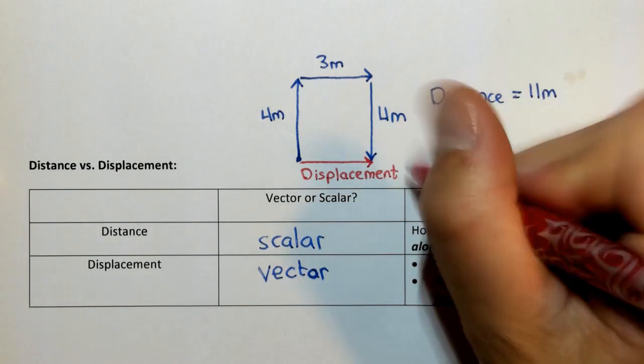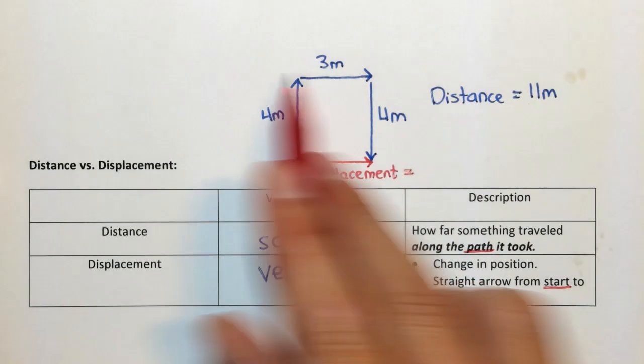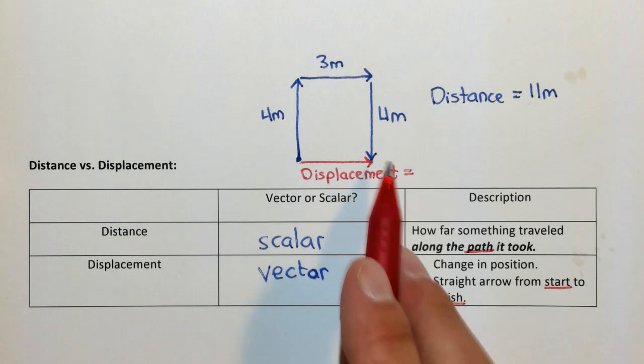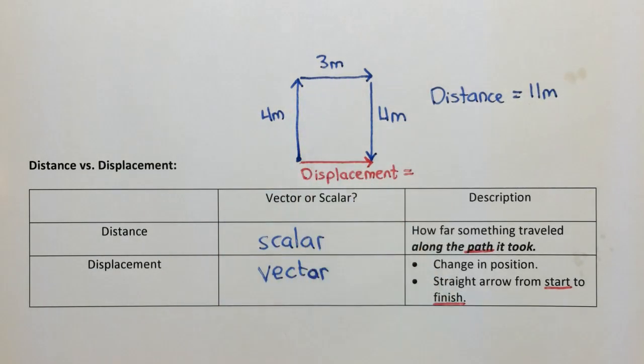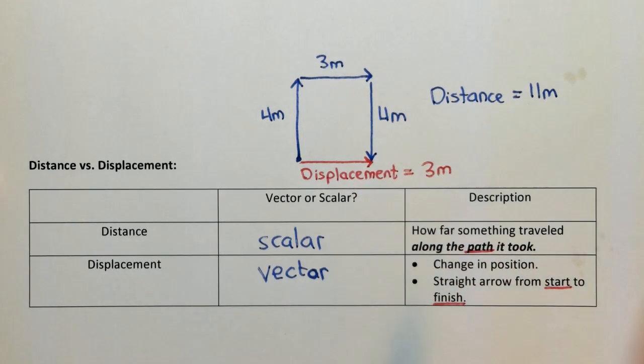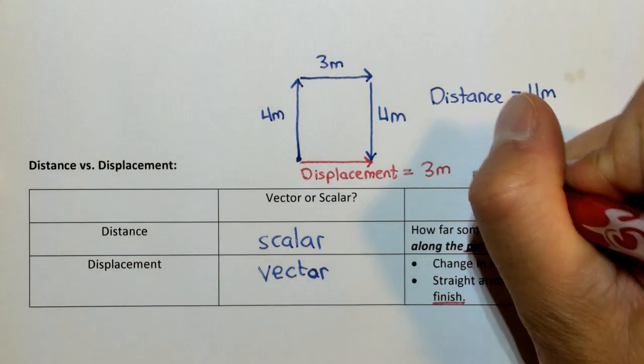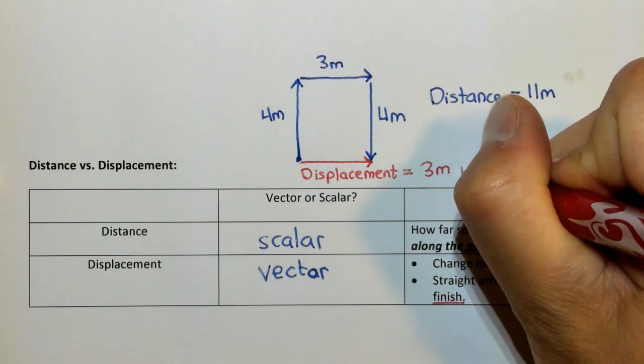And how would I write it in words? Well, how long is this arrow? Because this thing looks like a rectangle, this arrow should be the same length as that one. This should be 3 meters. And again, because displacement is a vector, I need to add a direction word. We could say 3 meters right.